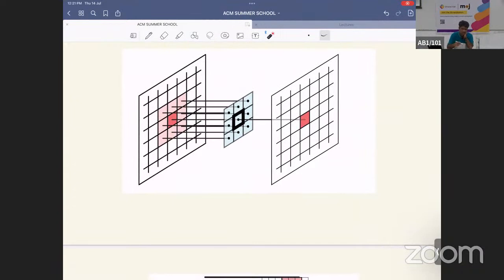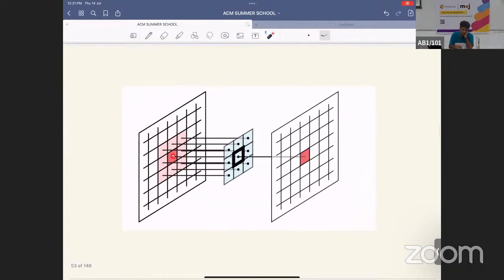So this is another way to represent it. You keep this weight at this central pixel and take an inner product, and you get one entry in the output. To get another entry, you shift it to this side and get the next one.